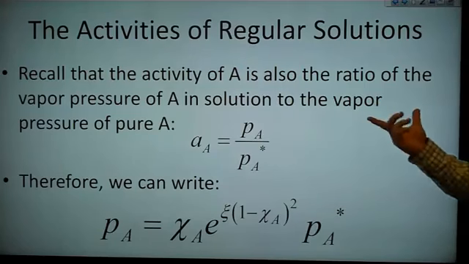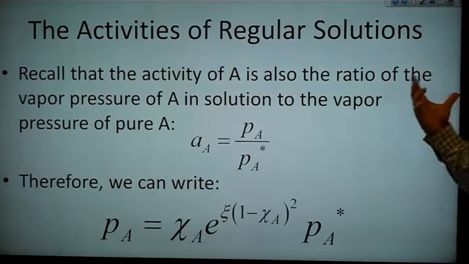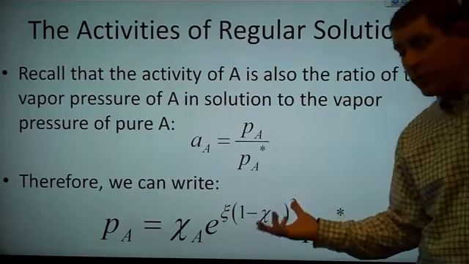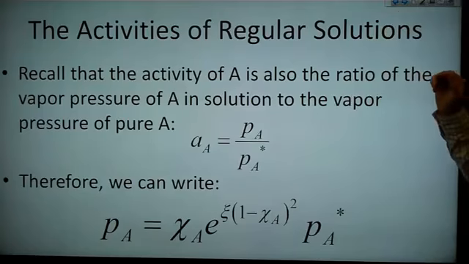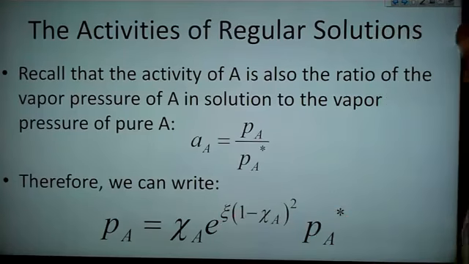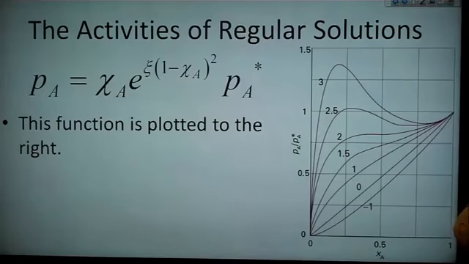And remember that the activity of A is also the ratio of the vapor pressure of A in solution to the vapor pressure of pure A. That's what we have here, and that means we can write this equation.